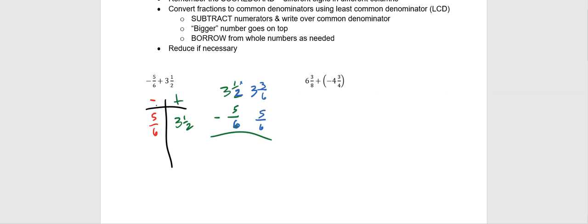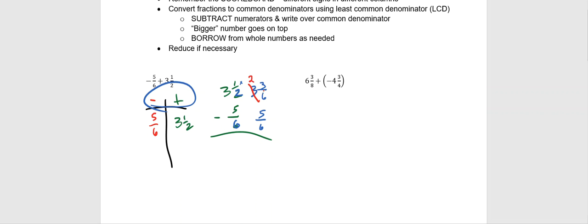Once again, we're going to have to subtract because I had these numbers in different columns. Okay, so we're going to have to subtract, but now we're going to get into some borrowing. And this is where sometimes students forget how to borrow. So we're going to have to borrow from the whole number piece here. We're going to have to borrow from the 3 of our mixed number, which means I'm going to reduce that from 3 to 2.